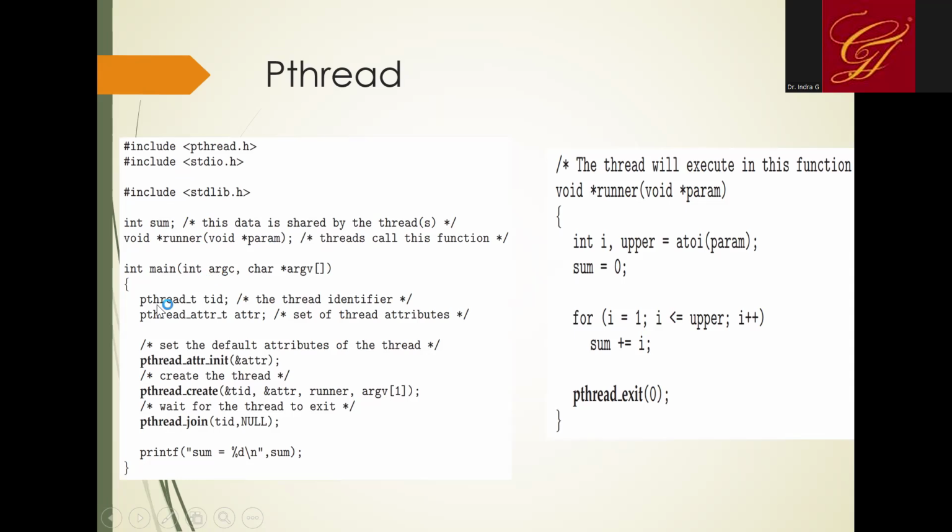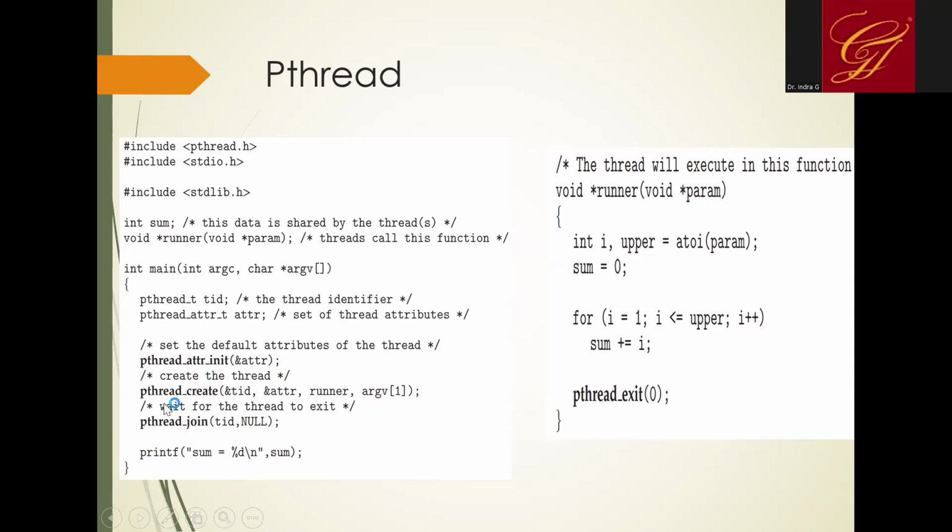And when the main function is executed, it takes the command line arguments, which are argc, of type integer, and argv, of type character array. Here the thread identifier is declared as tid of type pthread_t, and the attribute of the thread has been declared as attr. In order to initiate a thread, we set the default attributes of the thread, so the init method is implemented here.